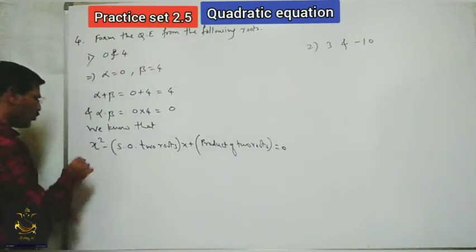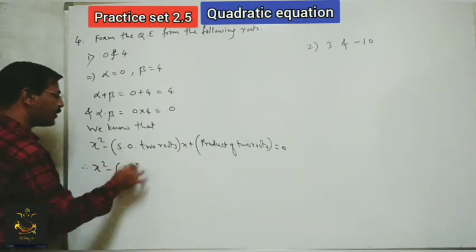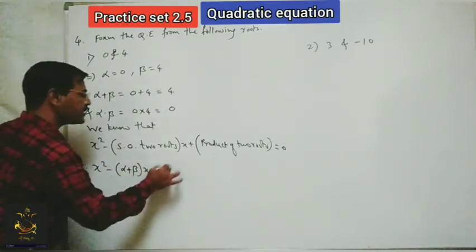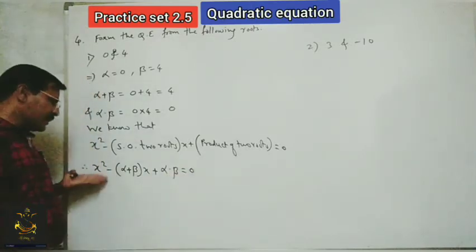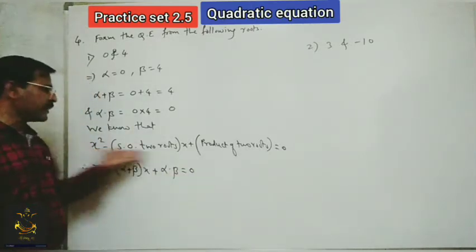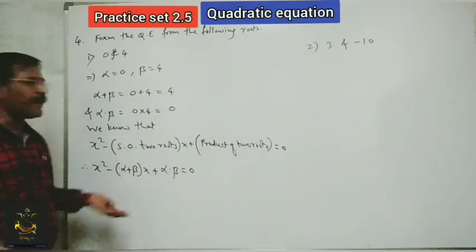Like this. Or you may write here x square minus alpha plus beta x plus alpha into beta equal to 0. You can write this one only. Instead of writing this whole part, we can write like this also. Now just try to put the value only.